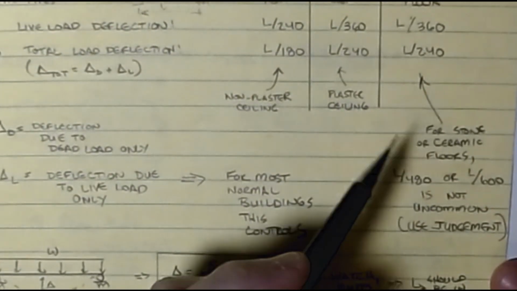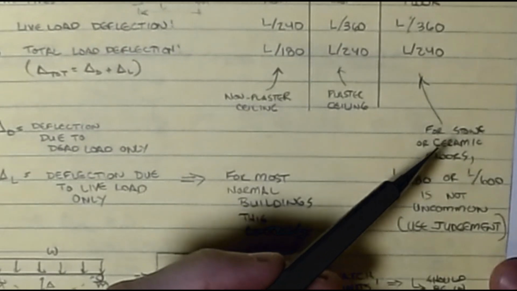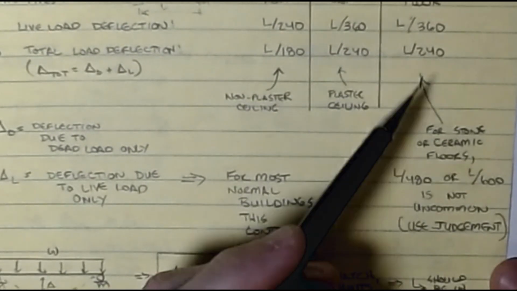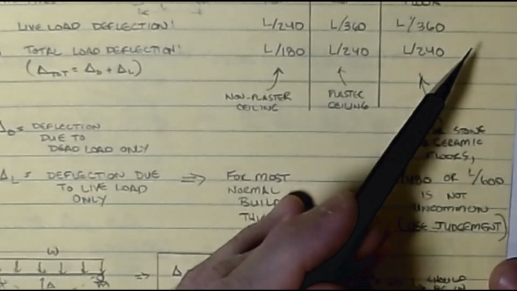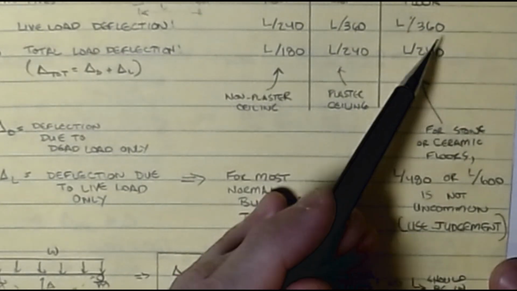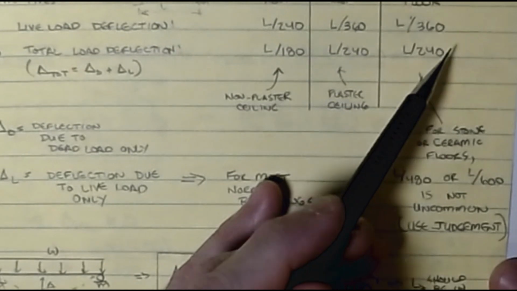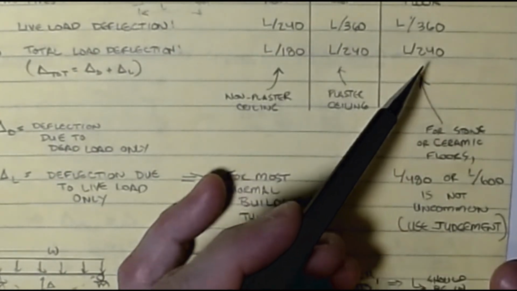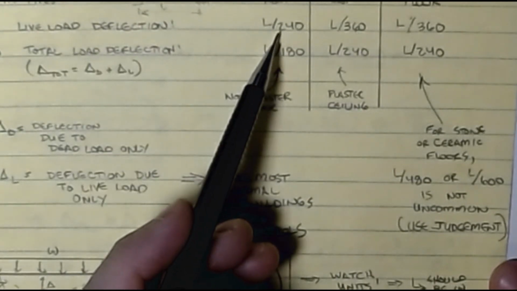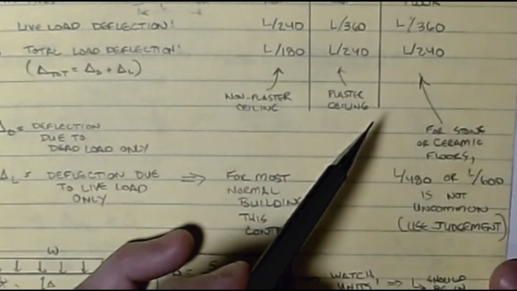If you have fine Italian marble costing you $1,000 a square foot, you might want a little extra insurance, and maybe crank this up to L over 480 or L over 600. It's your best engineering judgment what you set this limit to. But as a minimum for serviceability, these are the required prescriptions: for live load, L over 240 for the roof and L over 360 for the floor.